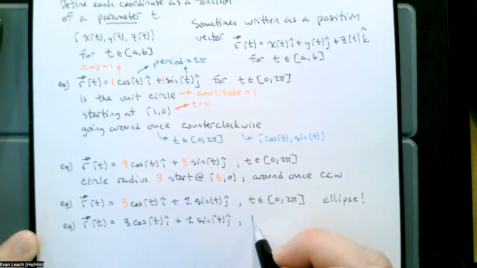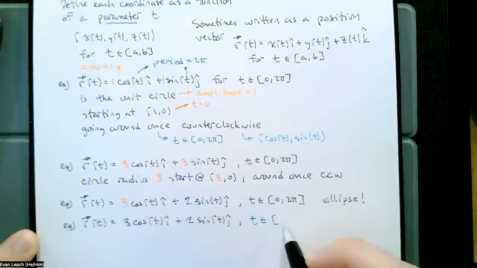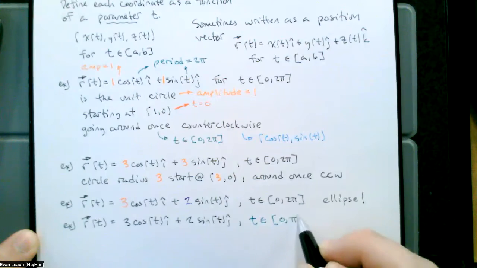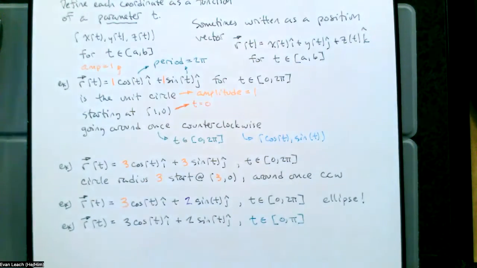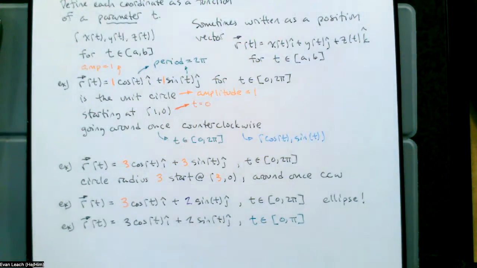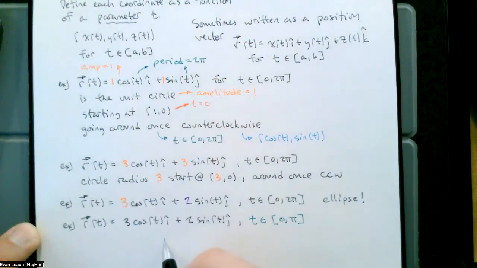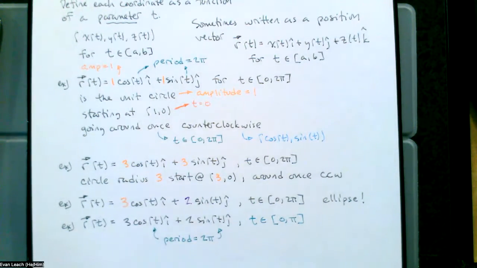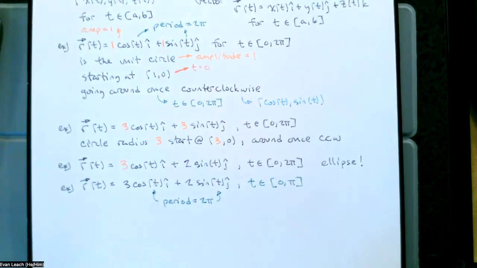Let's say t is going to go from 0 to pi. Notice that I adjusted the values of t that I'm going to plug in, but I didn't change the period of cosine of t and sine of t. I still have a coefficient of 1 on the t. So the period of those two functions is still 2 pi.